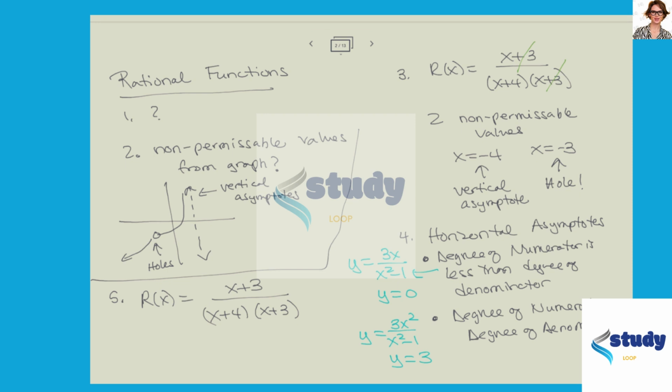One will be a vertical asymptote, one will be a hole, and you will have, so let me just write that. You're going to have a vertical asymptote at x equals -4. You're going to have a hole at x equals -3. And you're going to have a horizontal asymptote because your degree is smaller on top at y equals 0.